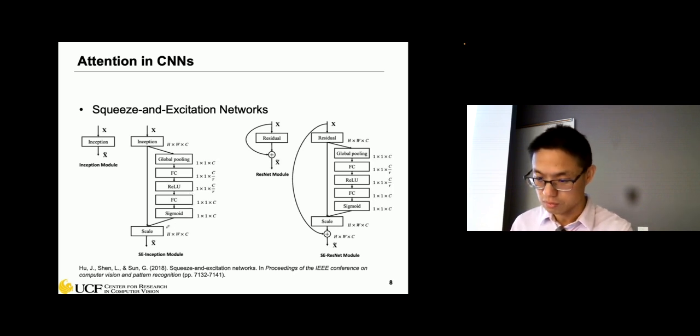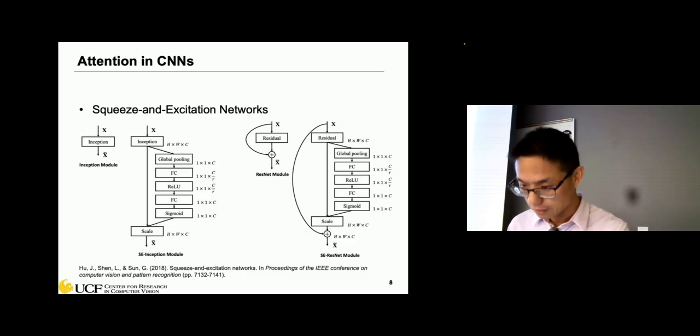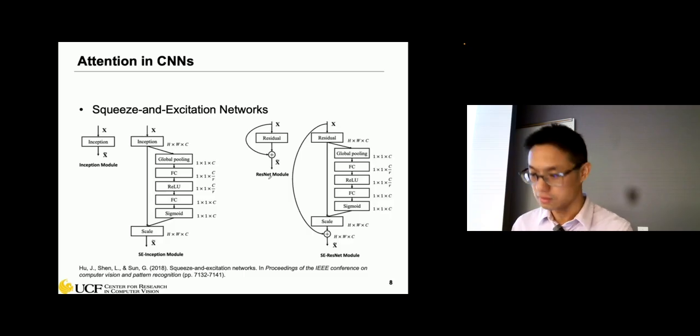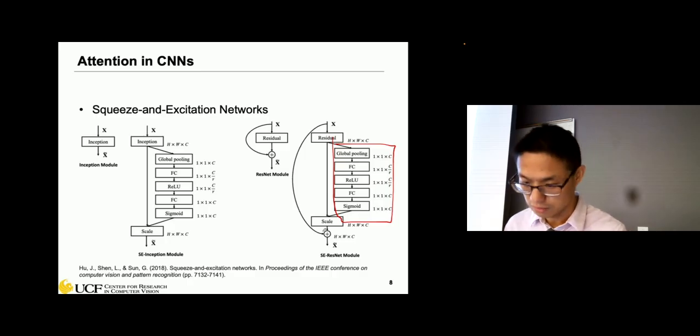Then you multiply that with the original feature map to do the weighting. Similarly, you can do this in the ResNet with the residual connection. Again, these are their parts that learn the channel weighting, and then you multiply with the original feature map, okay?